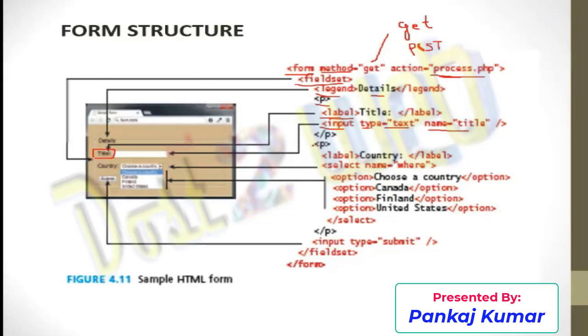Same way, in another paragraph I want a selection box, that means multiple choice. I'm giving the label as country. Then what I want is a selection box. When you want the selection box, another element is there called select, and name. Name is equal to where.